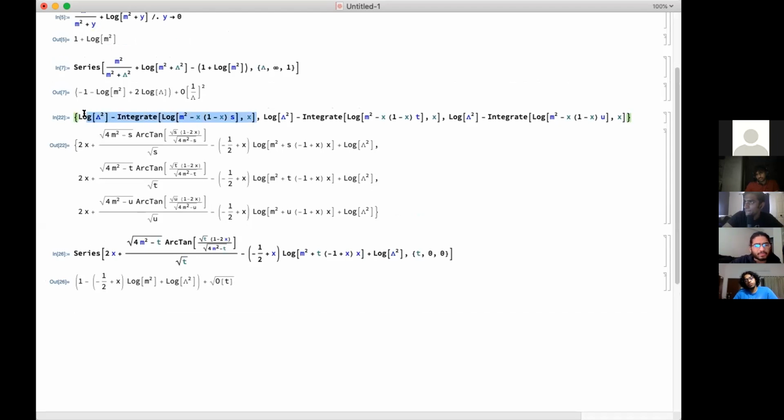No, wait. The root t divergence, there's 4m squared minus t in the numerator itself. So the root t should cancel out in the series expansion. Yeah, and in the series expansion of arctan itself, there are root t's too. So both numerator and denominator, yeah. So that's why you're sort of safe.